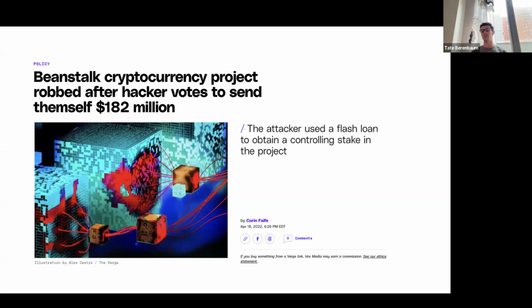But Beanstalk had a DAO, and as a part of the mechanism design, the DAO would essentially be able to vote on passing proposals around improving the protocol with time. What they didn't account for was that there was no function that established a quorum.